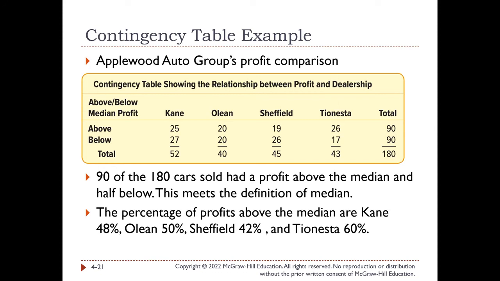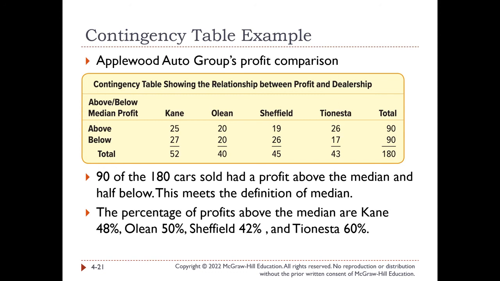They're either going to be above or below median profit. Again, we want to see how well our cars are going. Right here, a total of 90 of the 180 cars sold had a profit above the median and half below. This basically meets the definition of median right there. Basically 90-90.